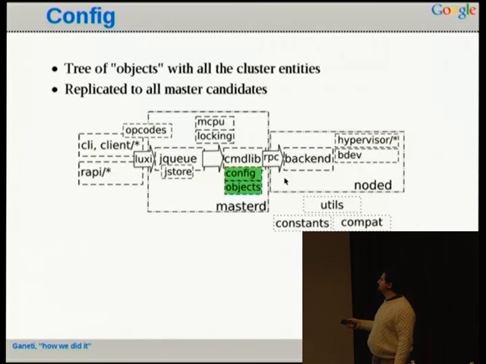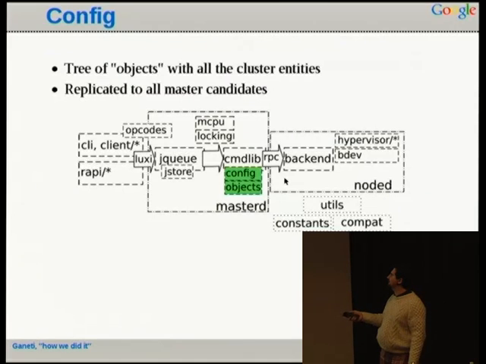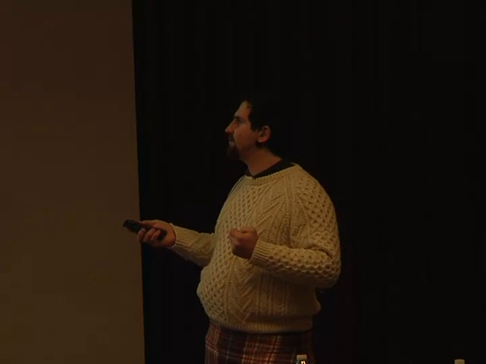Config.py is instead the place where we access the config, and it actually does locking so that cmdlib can, from multiple threads, call config.py without, hopefully, conflicts. And the other thing it does is that it takes care of accessing and retrieving these objects and passing them in a nice format to cmdlib.